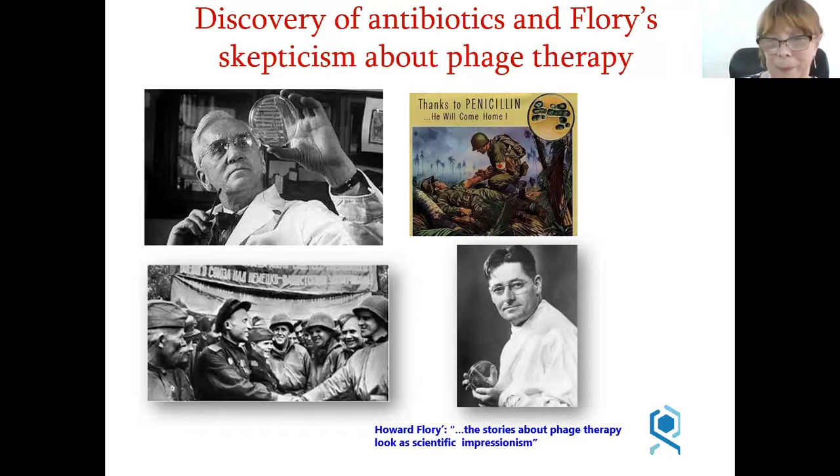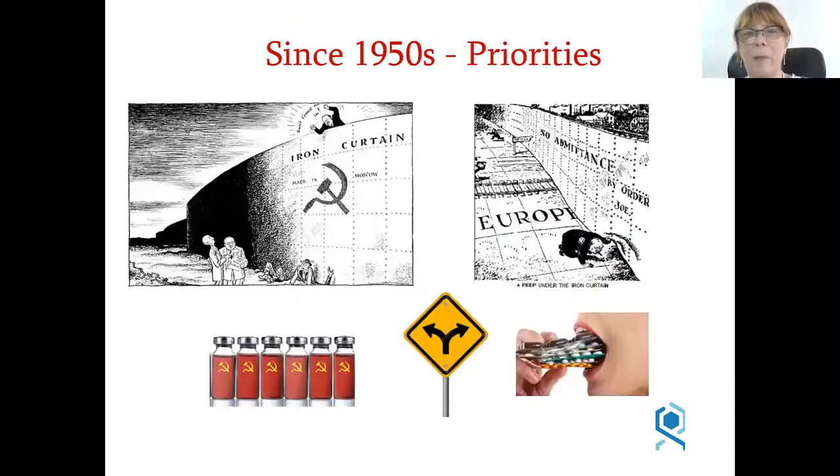And the world, we can say, was divided into two parts due to the Iron Curtain. The Soviets continued to use bacteriophages in medical practice, while antibiotics were promoted in America and Western countries.